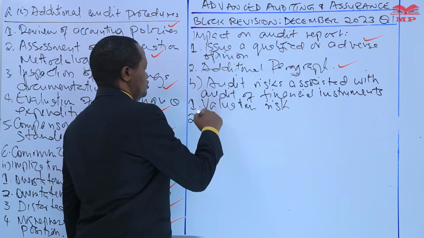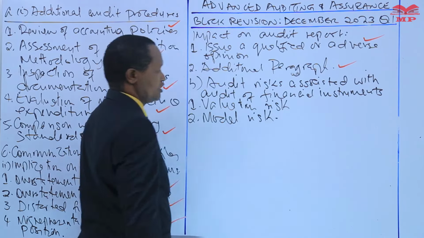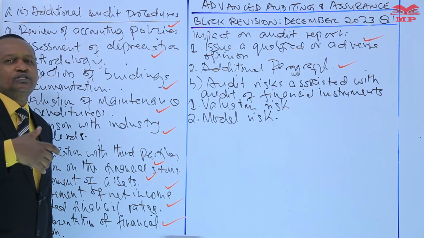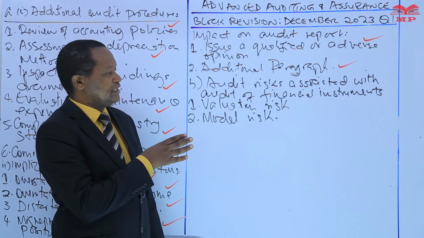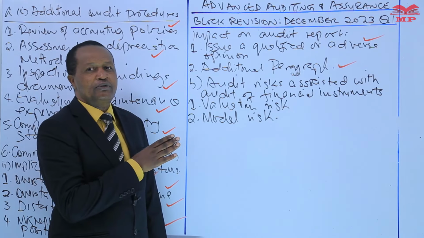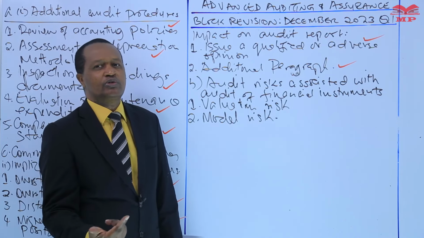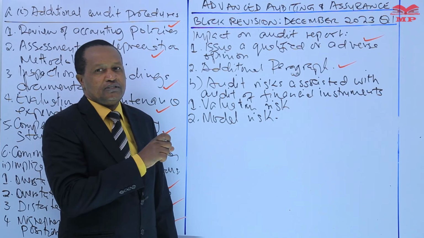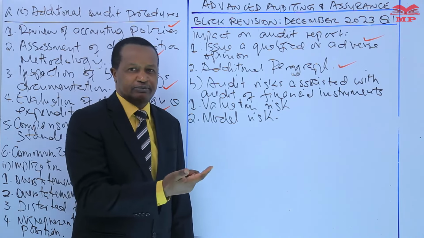2, model risk. Now, complex valuation models are sometimes used to determine fair value. And these models can be flawed or can contain errors, leading to misstated financial instruments or even misstated financial statements.